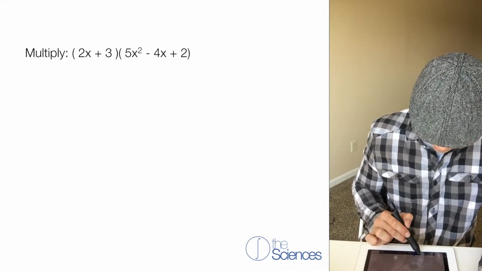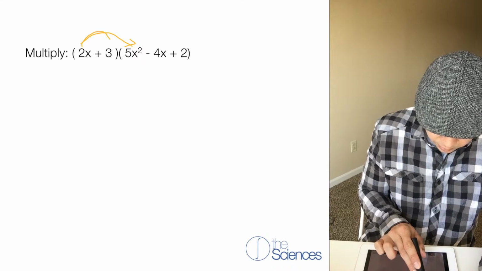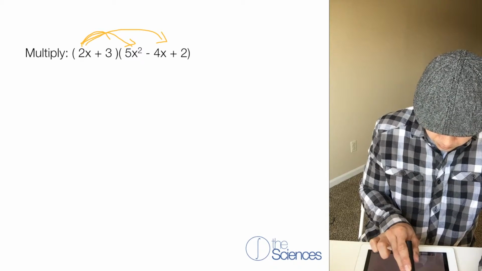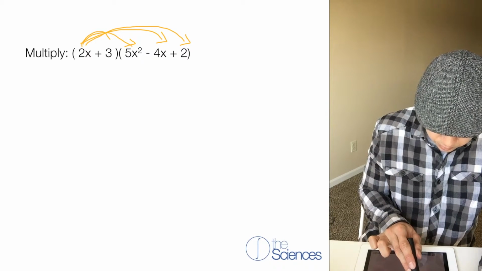So let's do that over. You're going to distribute this monomial, and then you're going to distribute the next monomial.